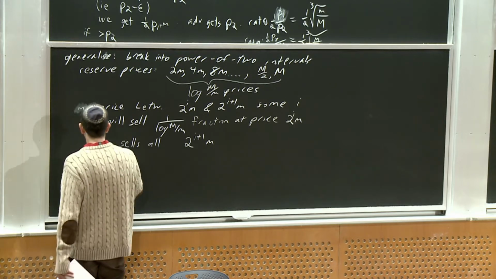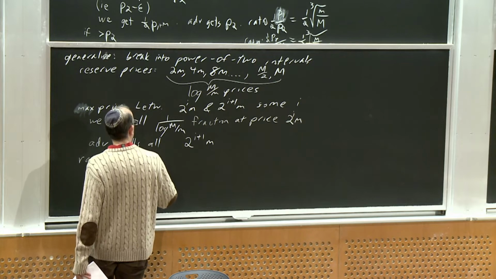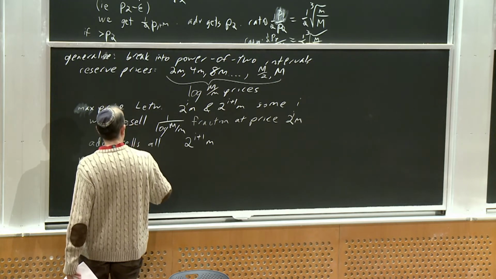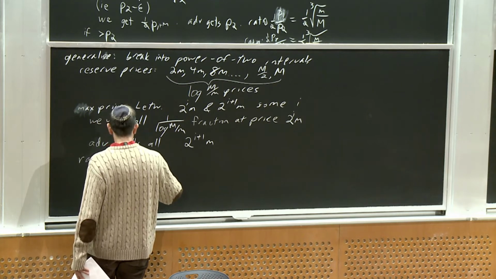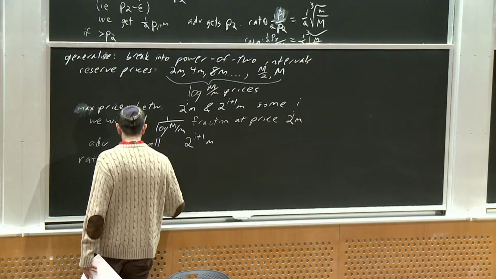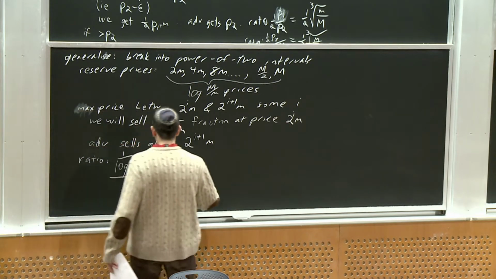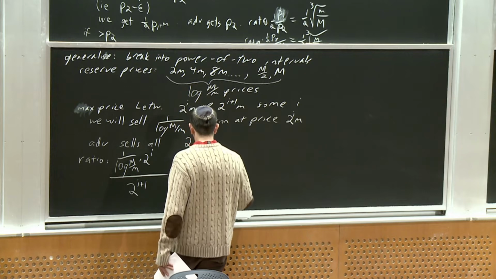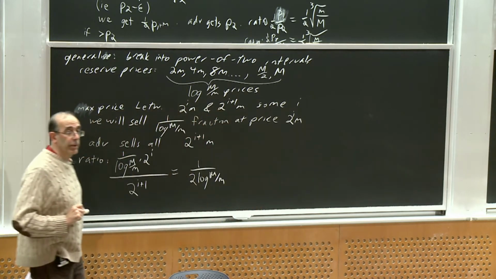So our ratio is 1 over log m over m times 2 to the I, all divided by 2 to the I plus 1, which is 1 over 2 log big M over little m.